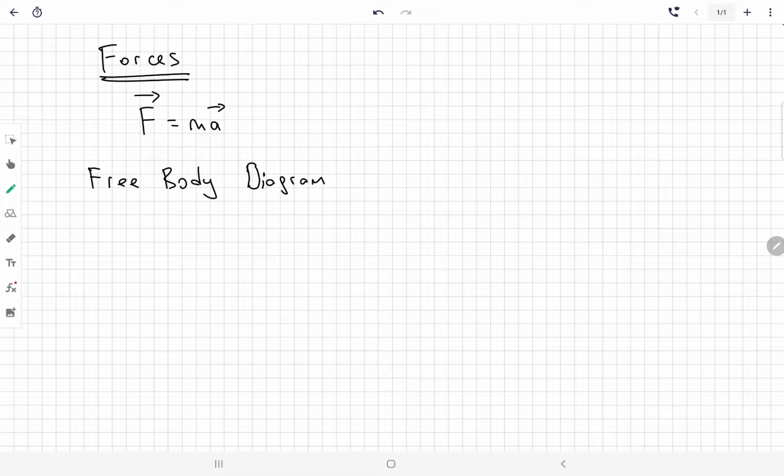This is a picture, a figure of an object or of the problem with all forces drawn on the notebook or on the screen. It doesn't matter. Basically, this is a picture of all the forces with their correct directions. Why is it important? Again, because of the vector.